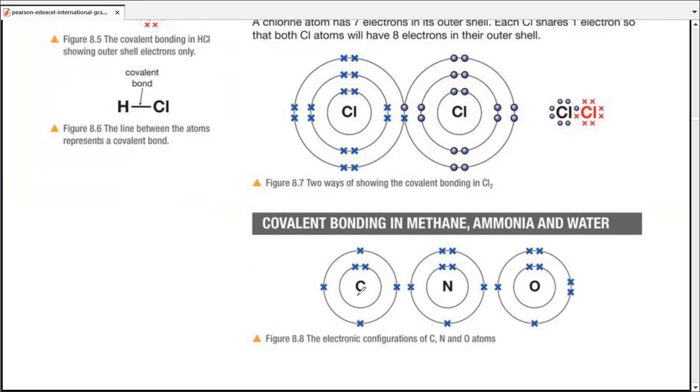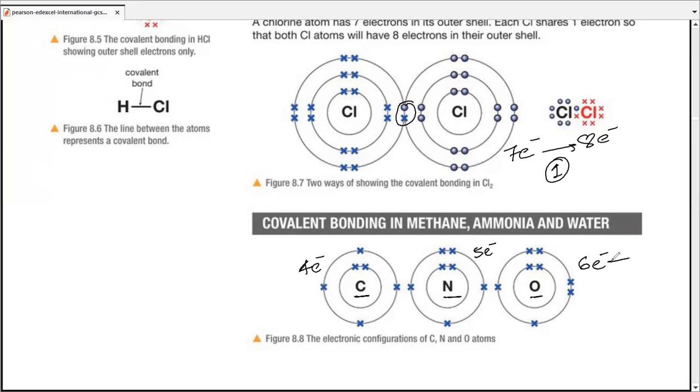Take a look. When we talk about carbon, it has 4 electrons in its outermost shell. In the case of nitrogen, that is 5 electrons in its outermost shell. In the case of oxygen, that is 6 electrons in its outermost shell. Remember, chlorine only shared a pair because it had 7 electrons in its outermost shell. In order to get to an 8 electron structure, it shared 1 electron.